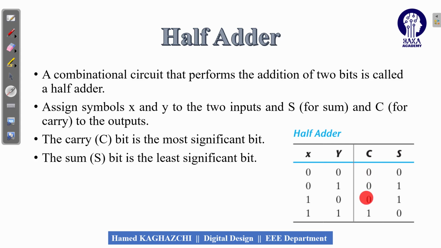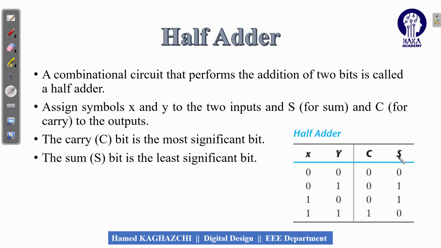When one of the inputs is 0, the output is 0. When both of them are 1, the output is 1. It means that C is the AND of x and y. So I can directly find the output Boolean function of C, which is equal to x and y.